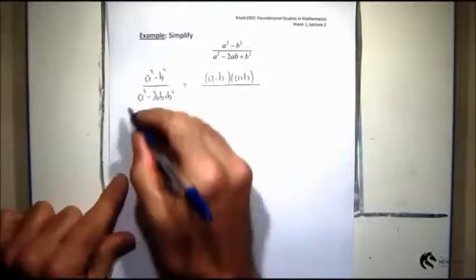sitting in here is actually something we hadn't mentioned before. But back here I said one of our factorising skills was to recognise the difference of two squares. Another of our factorising skills might be to recognise the square of a binomial.